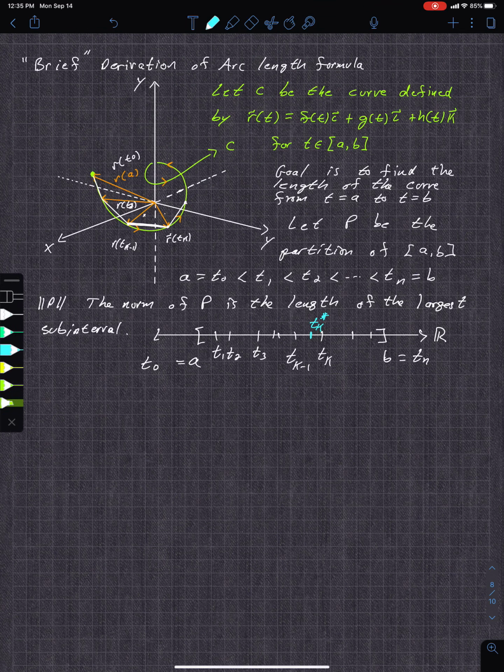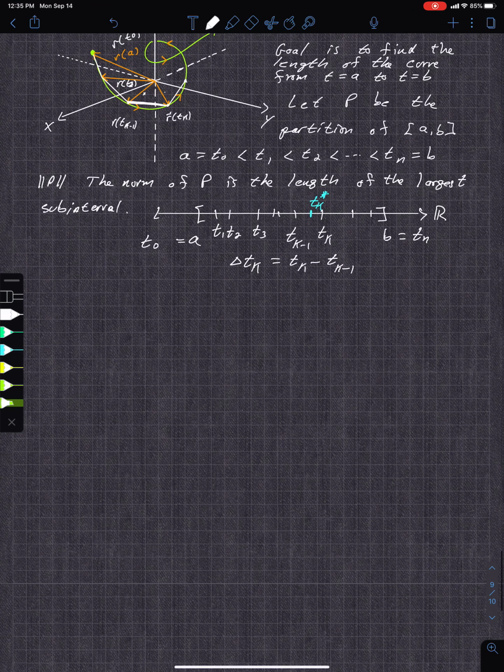We'll look at as well the length of the interval. So the length delta t sub k is your t k minus t sub k minus 1.